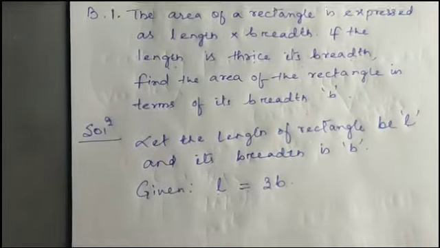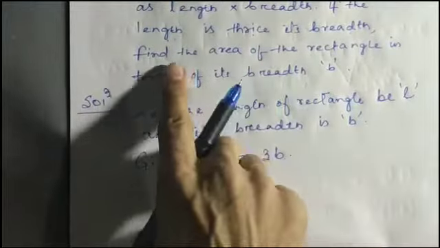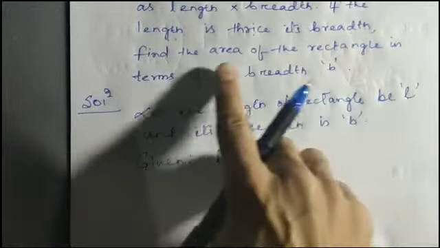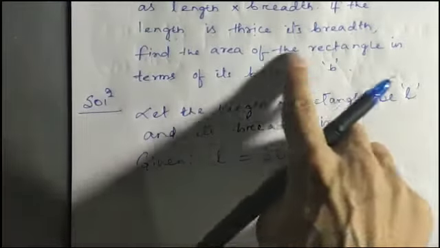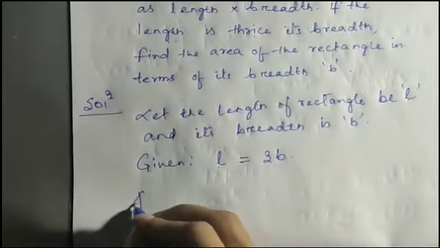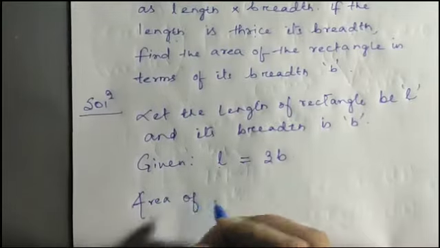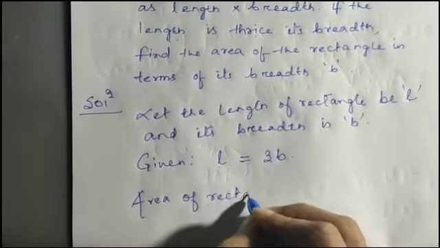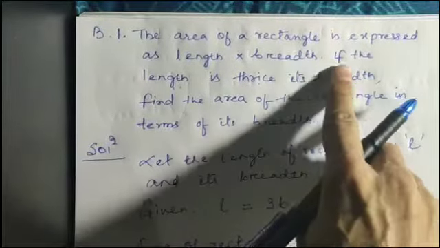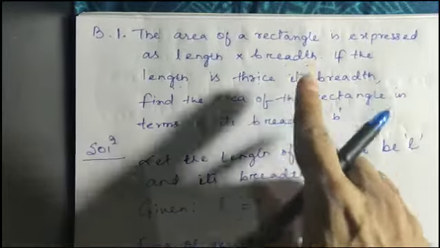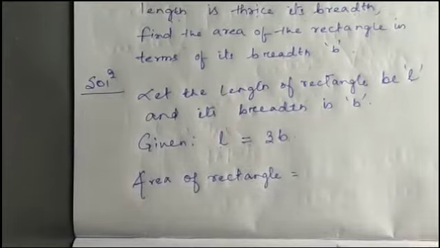Now what they asked: find the area of the rectangle in terms of its breadth. The formula is given here in the question: the area of the rectangle is expressed as length into breadth. But even if it is not given, you have to learn it by heart.